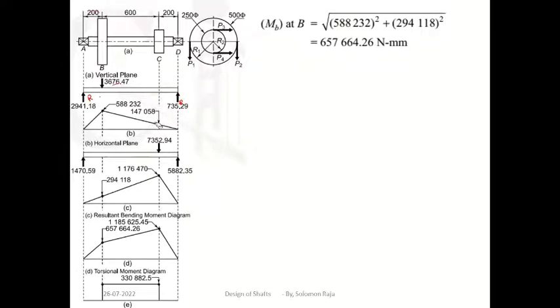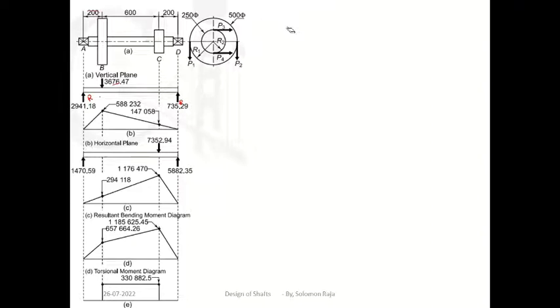I don't want to draw the shear force diagram. Directly you can draw the bending moment diagram, because we need to find out the MB value. So I am going to draw the bending moment diagram for these vertical loads.